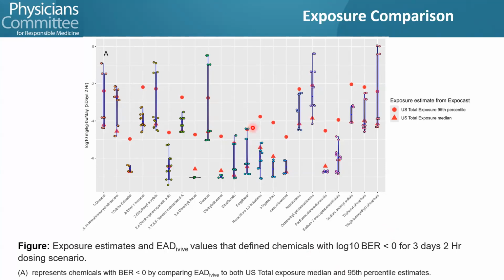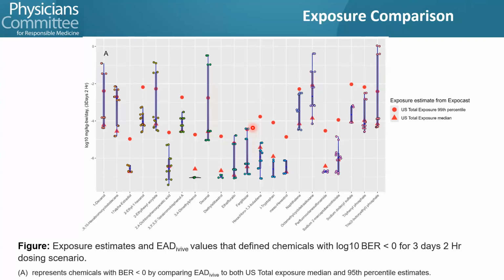And in this study, a total of 92 chemicals had BER less than 0. That means that for a set of 92 chemicals, there is potential for exposure to occur within the bioactivity dose range extrapolated from the in vitro data.